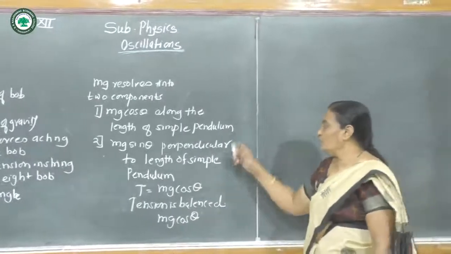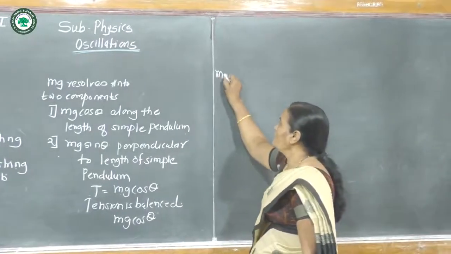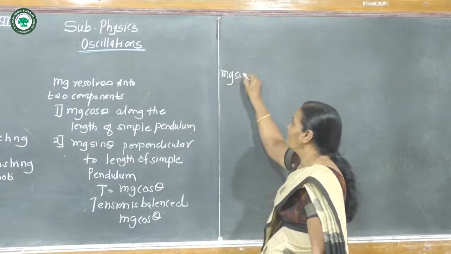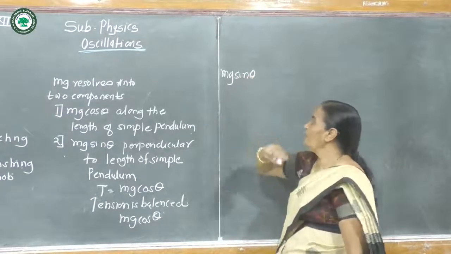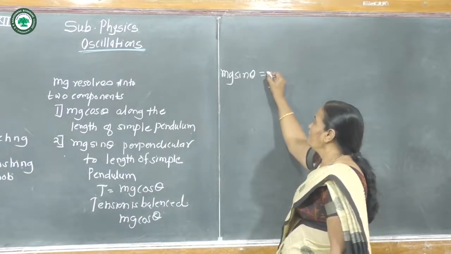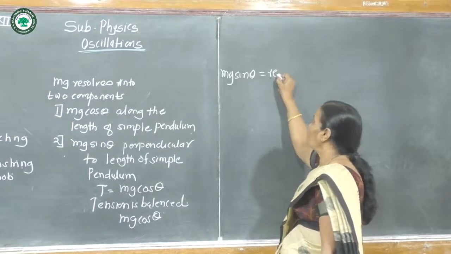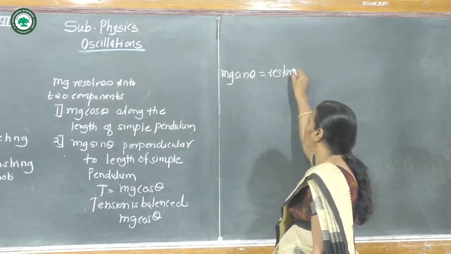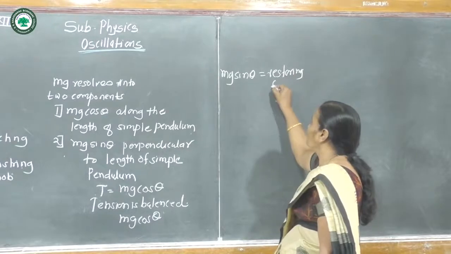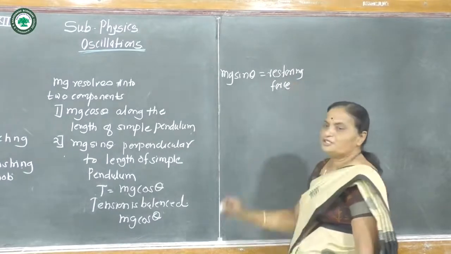The remaining component, mg sin theta, is directed towards the mean position and it is represented as the restoring force.